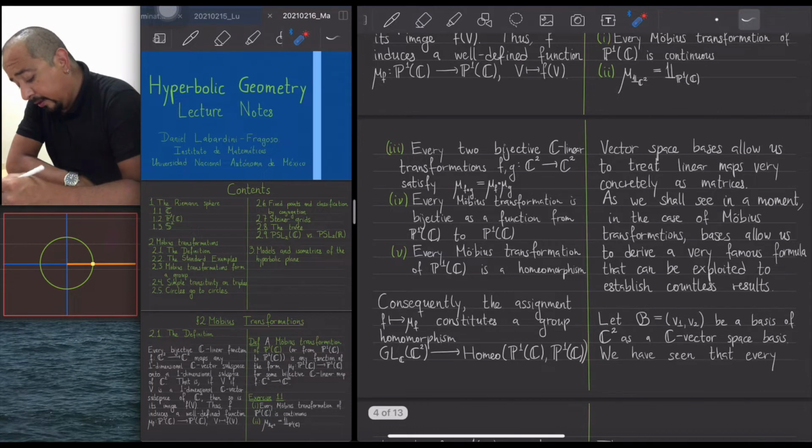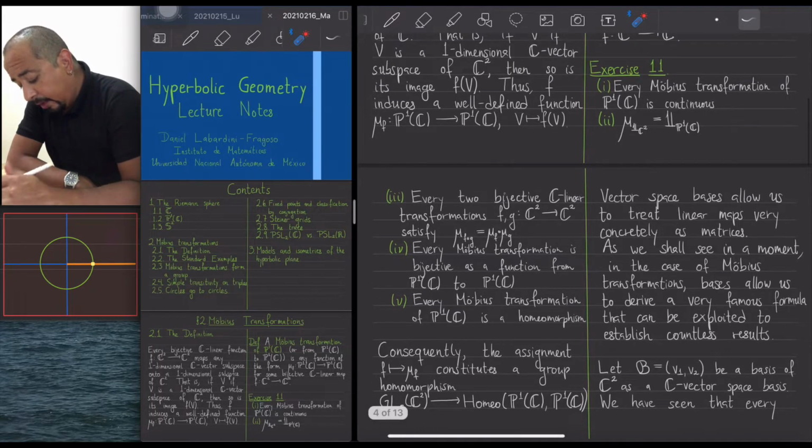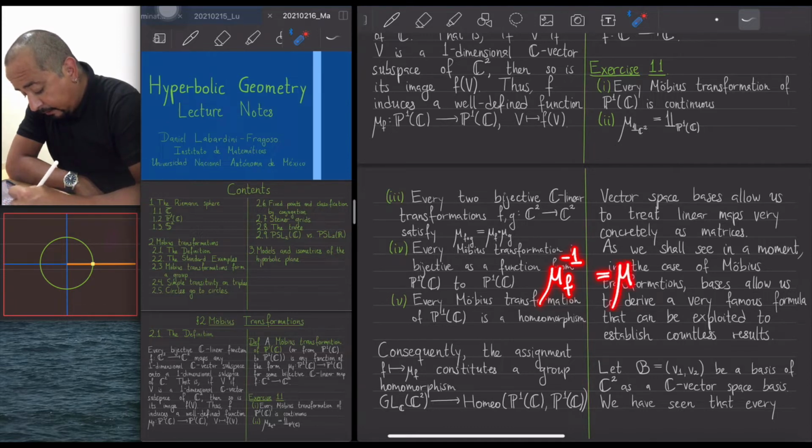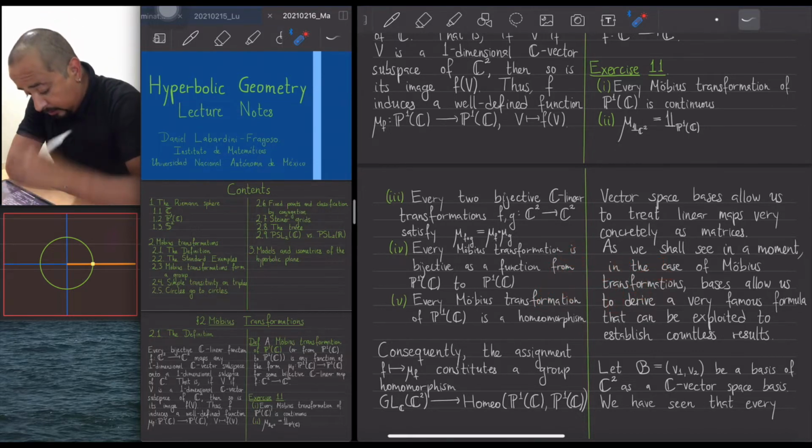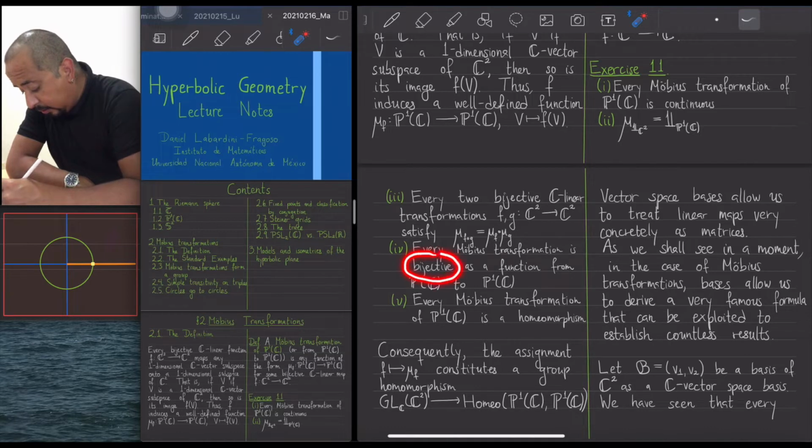Okay, and then next, every Möbius transformation is bijective. Well, this is clear from 2 and 3, because from them we can deduce that one can compute the inverse function as the Möbius transformation associated to the inverse of F. So of course, then this is bijective.